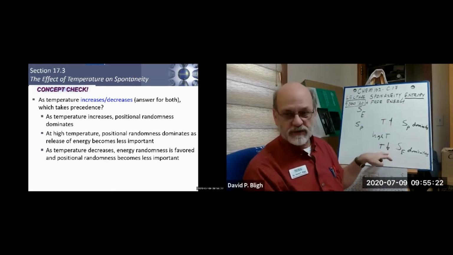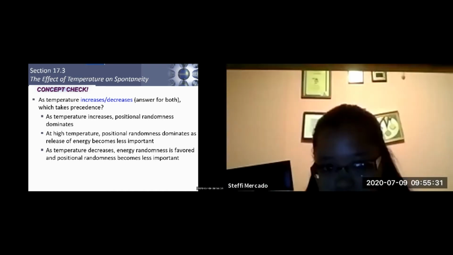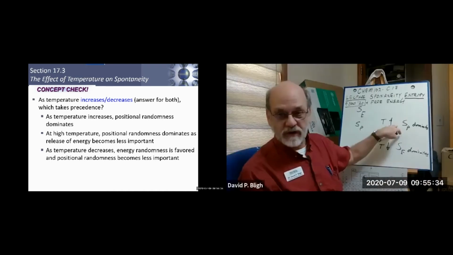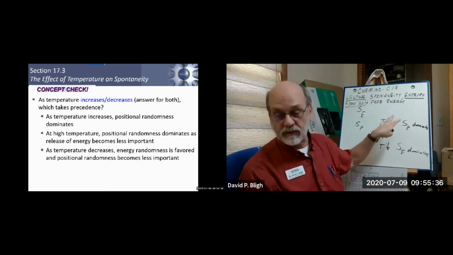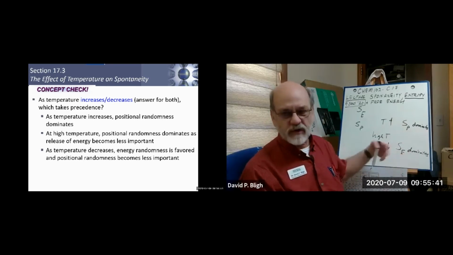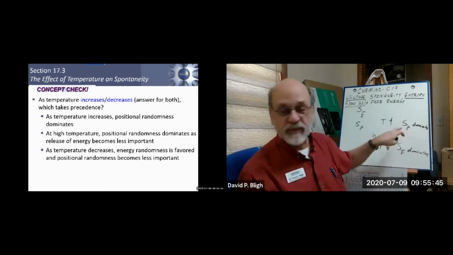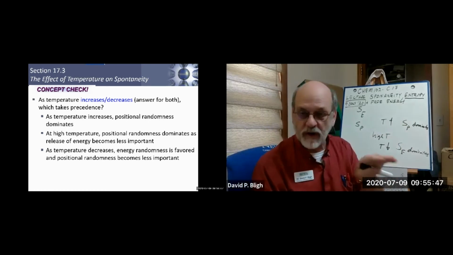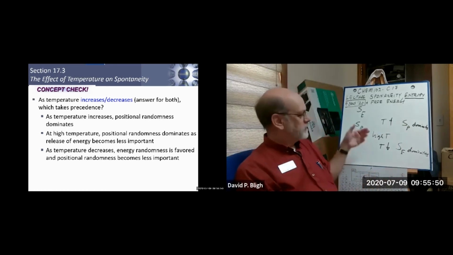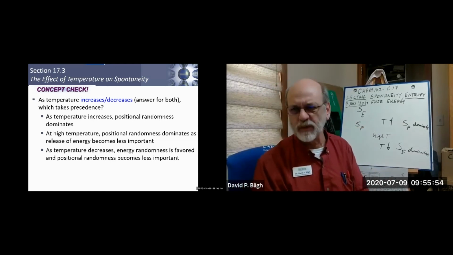So the lower temperature is dominated by a change in energy, an entropy change in energy. Whereas at high temperature, the molecules are already hugely random, so a change in temperature has very little effect on their randomness, and then the position is the primary focus for judging entropy of the system. Does that make any better sense? I hope it does.